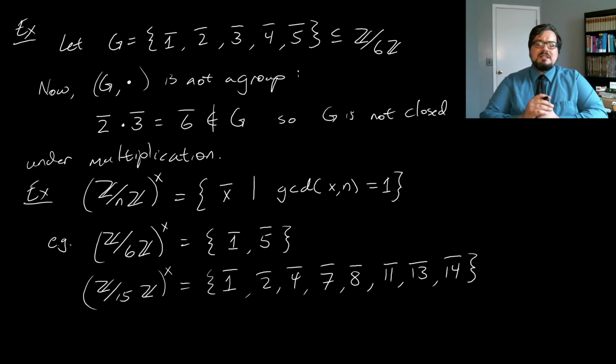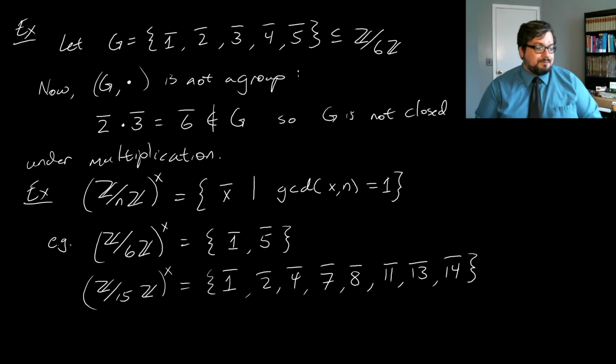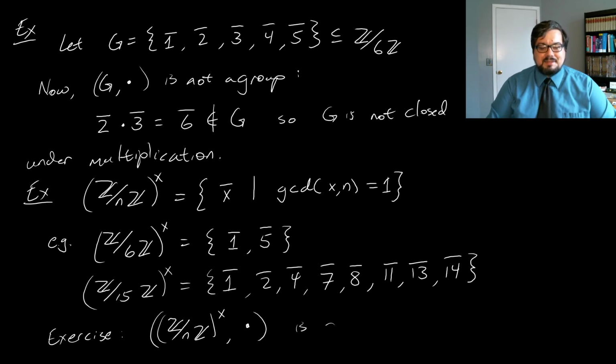So it's the equivalence classes of all numbers that are relatively prime to whatever n you started with. And we're going to define multiplication the same way. An exercise is that Z mod nZ cross with multiplication is a group.